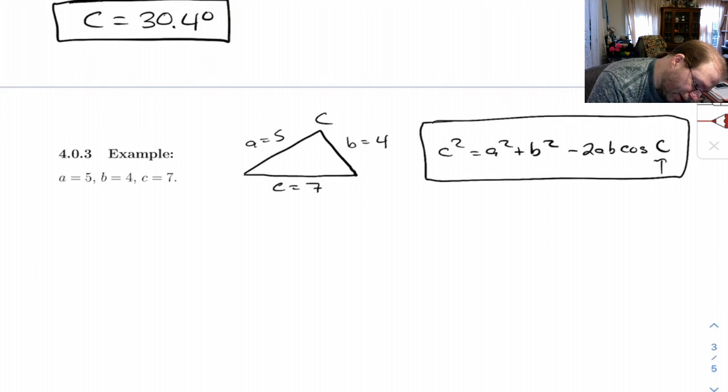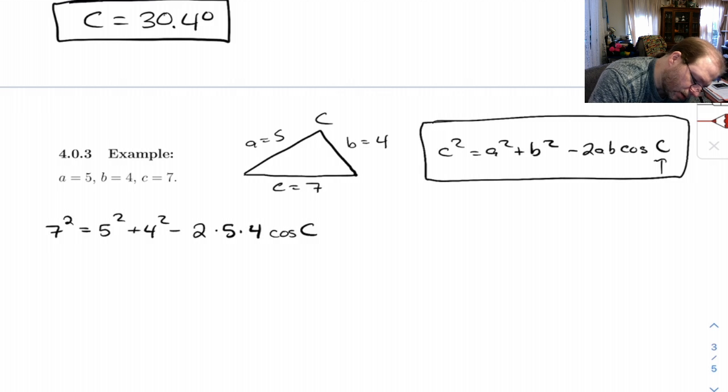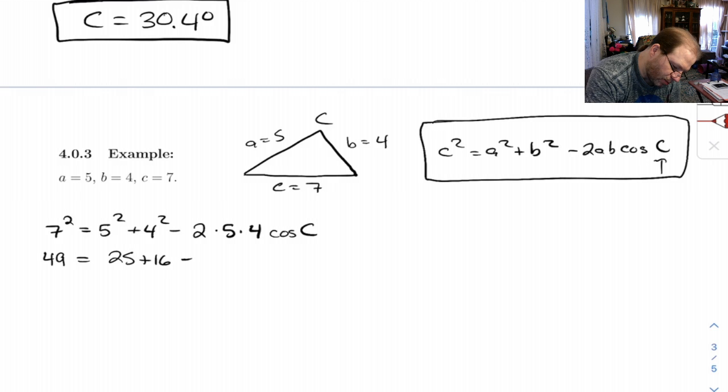So we get C squared equals A squared plus B squared minus 2AB cosine C. So let's see, that's 49 equals 25 plus 16 minus 40 cosine C.